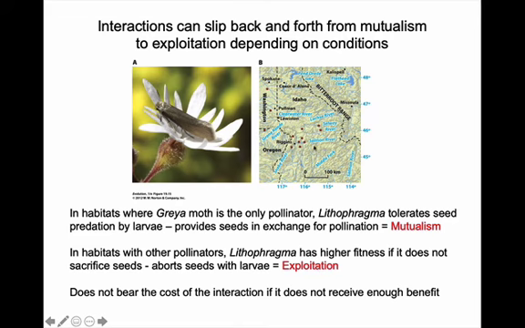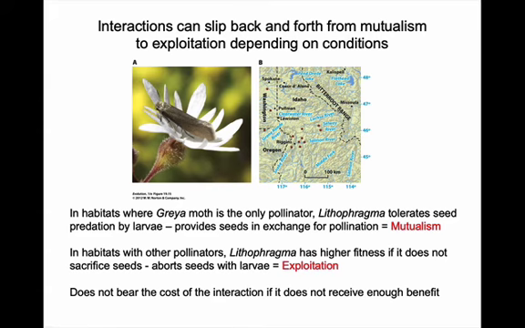What you can see here is a bunch of dots. Notice that some of the dots are red, some of the dots are blue. So there's a difference here. What's the difference between the areas with red dots and the blue dots? The areas with red dots are high elevation, and Graea moths are the only pollinators.